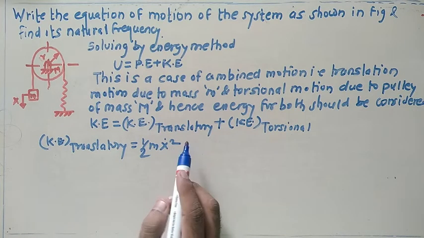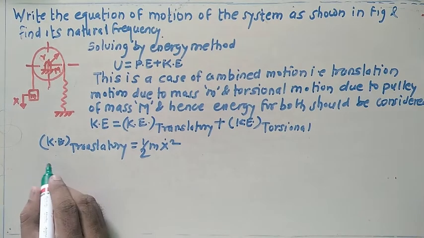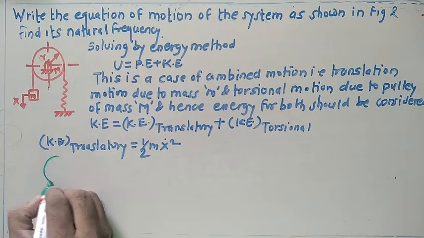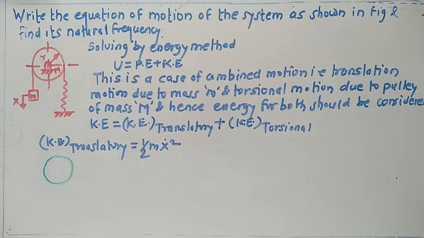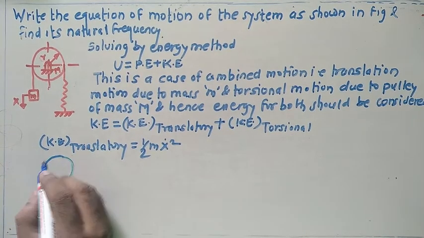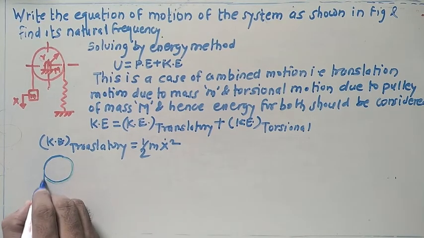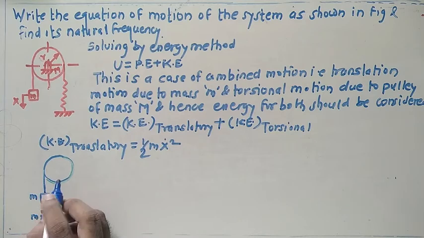If I draw the displacement diagram or free body diagram for this system, it will look like this. Here is the pulley. If you consider the displacement of the mass from its original position to the next position, the mass m remains as it is.